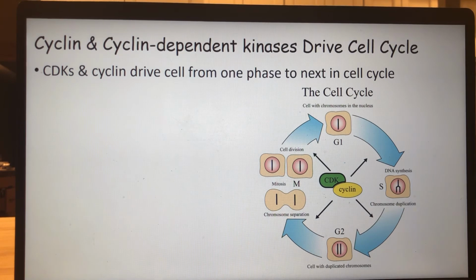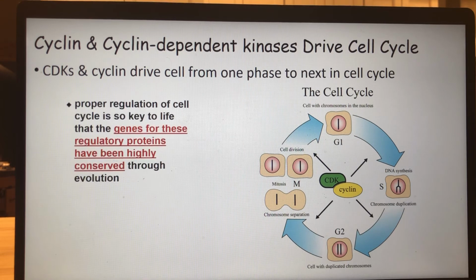Cyclin and cyclin-dependent kinases will basically drive the cell through the 3 checkpoints from one phase of the cell cycle to the next. And this is kind of a cool thing.